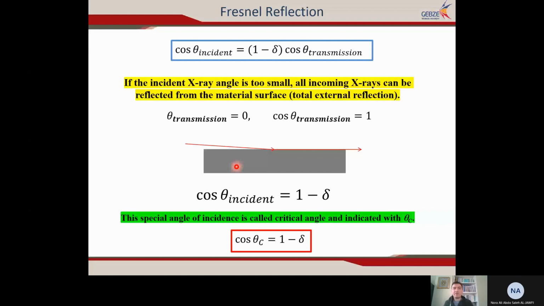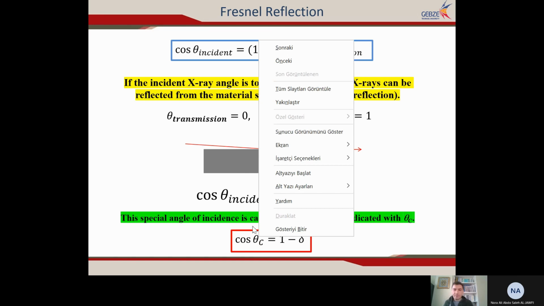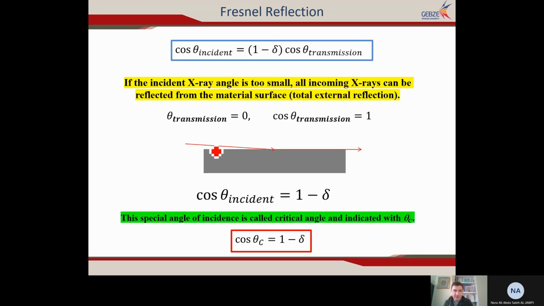So on the left side, we have cosine theta incident. On the right side, we have 1 minus delta times cosine theta transmission. Cosine theta transmission is 1 for this special condition of very small incident angle. So then this is equal to 1 minus delta. So instead of this theta incident, I can take theta critical, because I'm talking about a special condition for the theta incident.